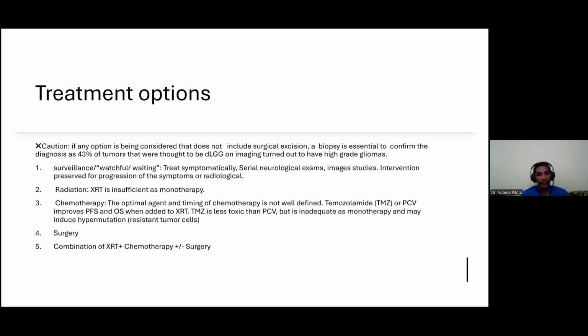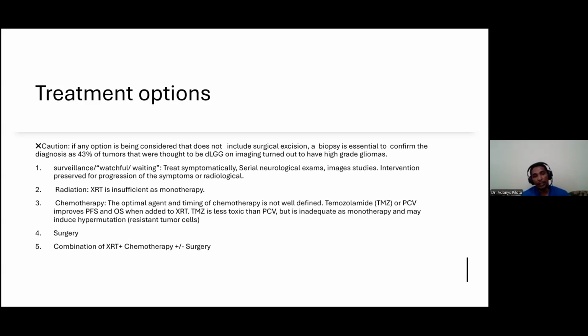Watching and waiting is one of the options, treating the patient symptomatically, with serial neurological exams and MRI studies, intervening to prevent progression of this tumor, radiological or clinical.